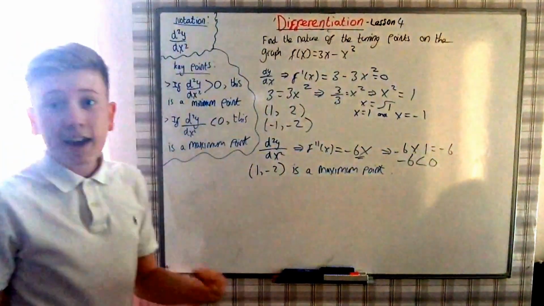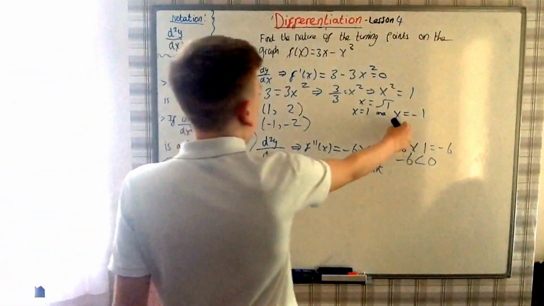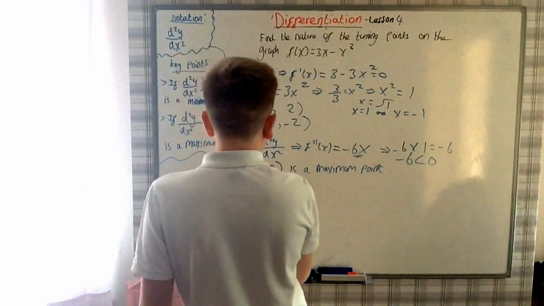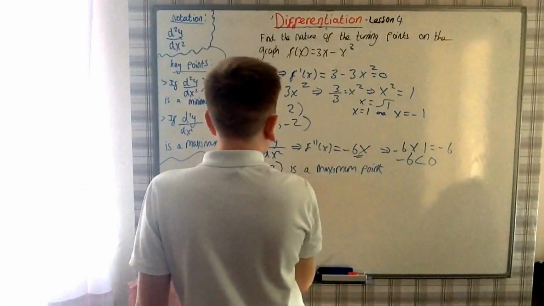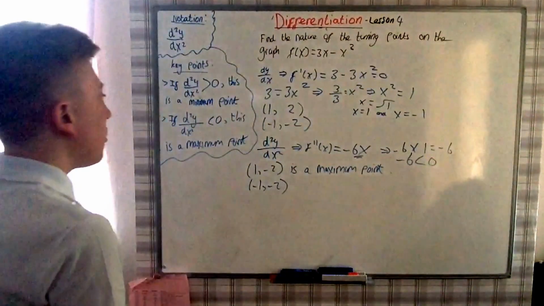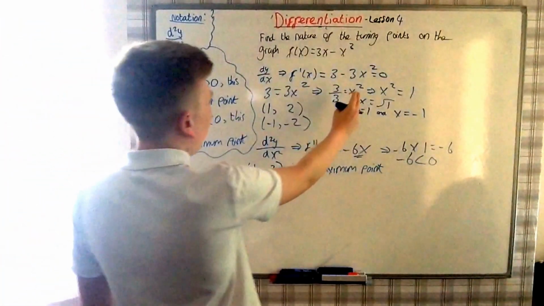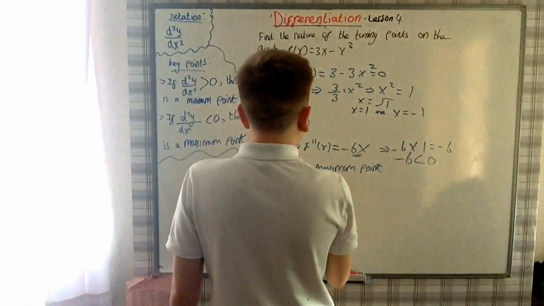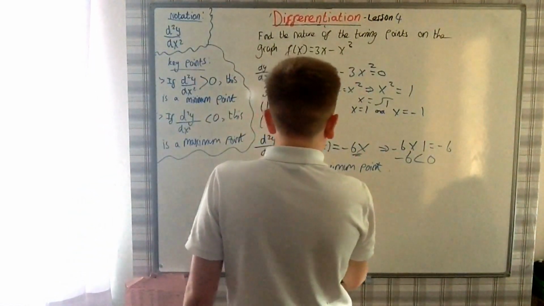Now we look at the second pair of coordinates. Minus 1, minus 2. So, substituting minus 1 into this, we get that this is a minimum point.